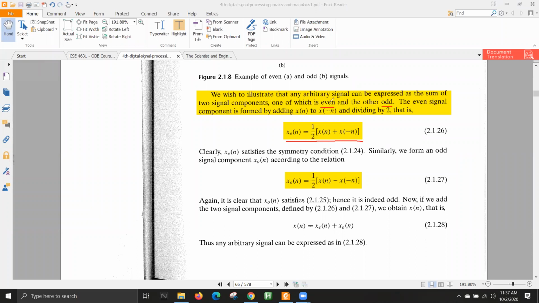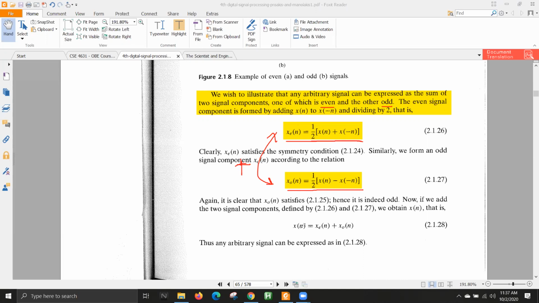this way. So the even component of any signal is defined as half of x[n] plus x[-n], and the odd component is defined as half of x[n] minus x[-n]. And you can actually know, just direct চোখে দেখে বোঝা যাচ্ছে যে if you add these two, what do you think the expression is that you're going to get?